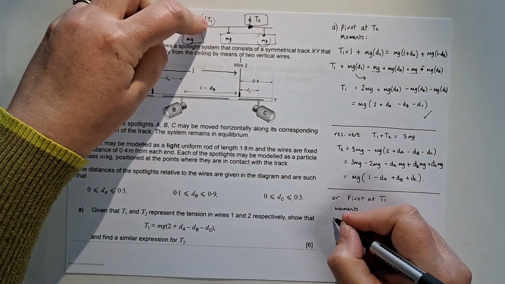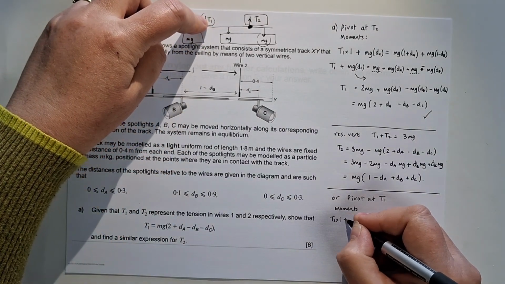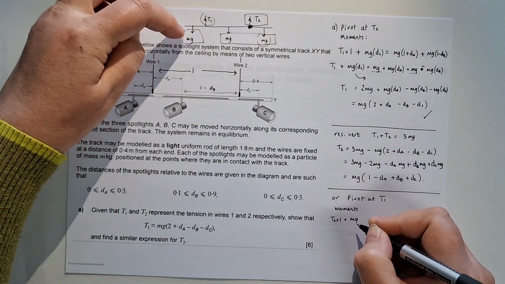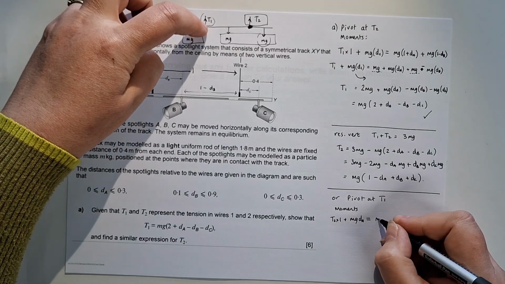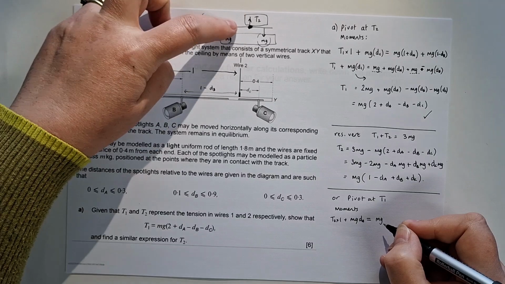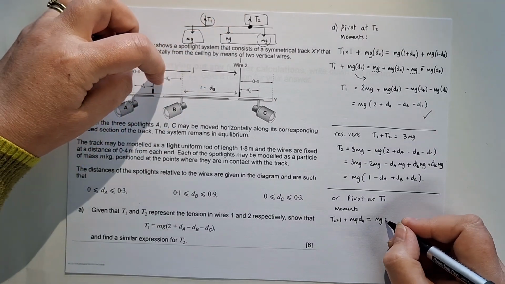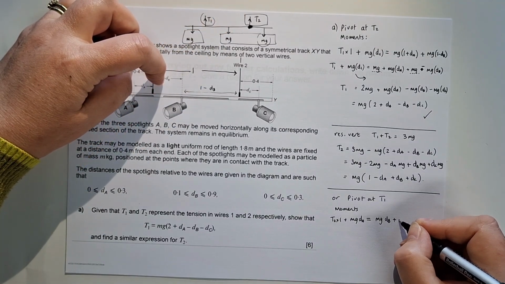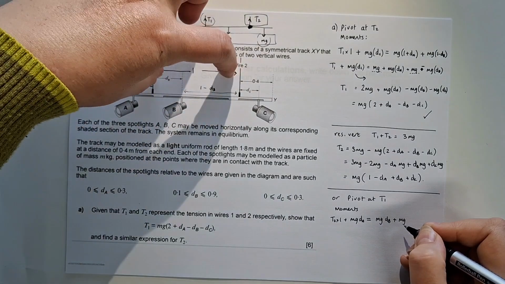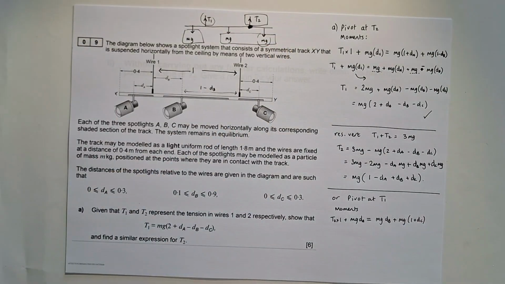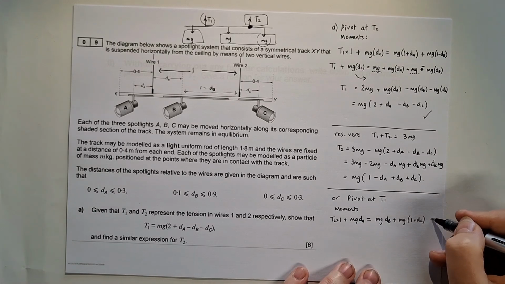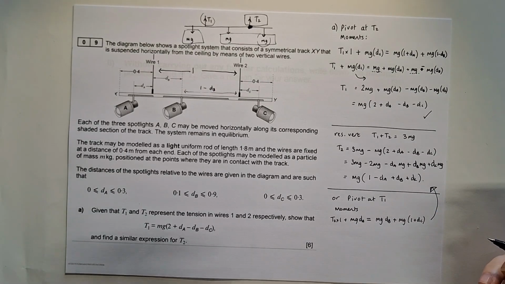So you would have T2 times 1 plus mg times dA being balanced by mg times this distance, which is dB, plus mg times 1 at dC. And if you went through that process, you would get back to that expression again.